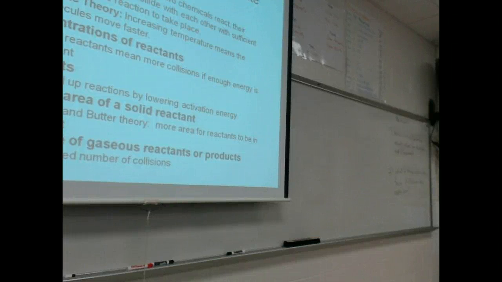Yep. Perfect. Putting pressure on gases, we're causing molecules to be closer together, they're more likely to collide with each other. That's why we heat them up too, because they're more likely to collide. And the temperature, as we increase the temperature, they're moving around faster.